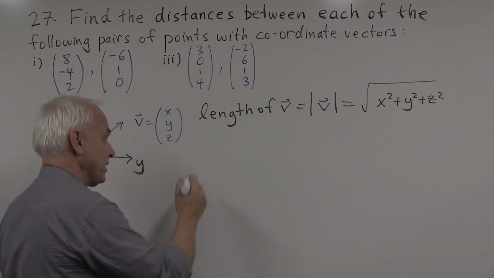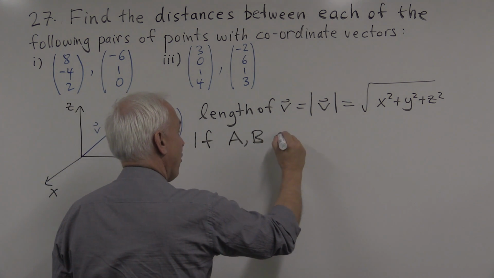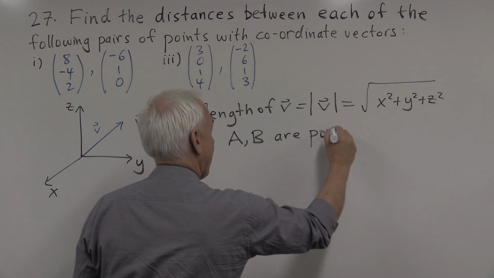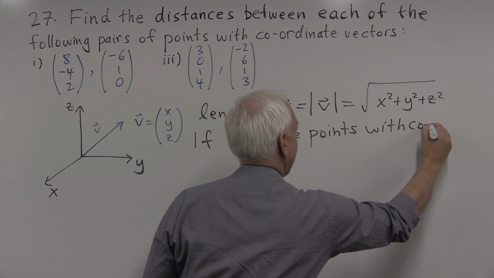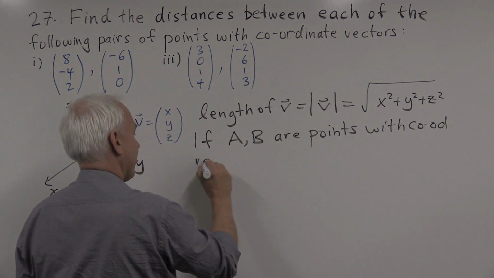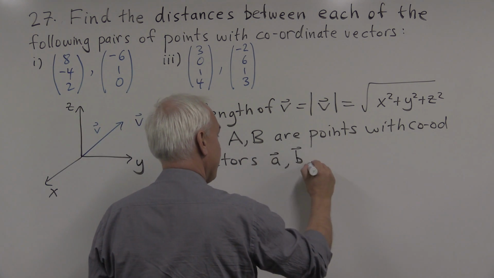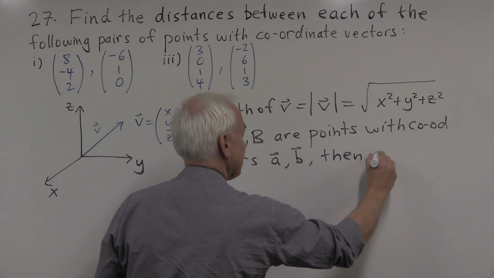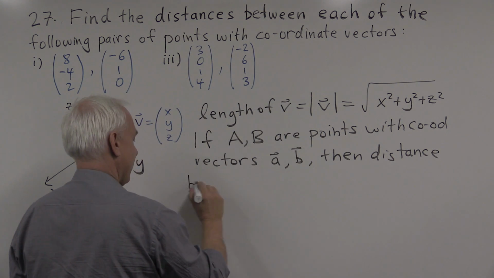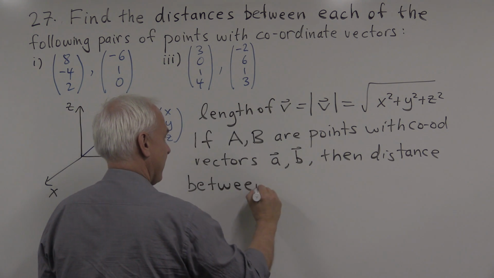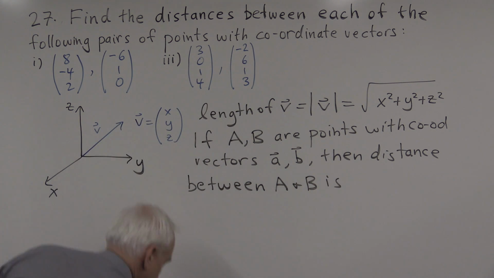And now if we have 2 points, if A and B are points with coordinate vectors, say a and b, then the distance between A and B is, so here's the picture.